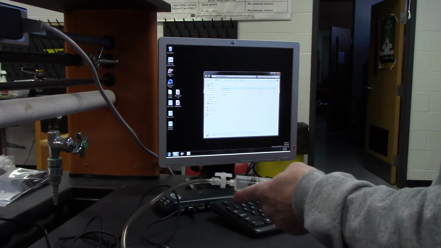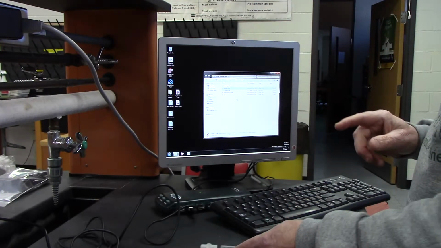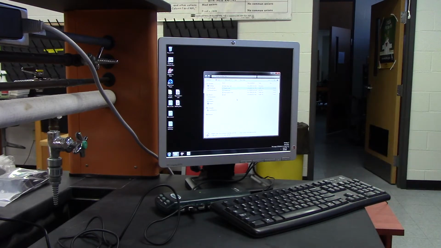Okay, so the next thing I've got to do is set up the program that's going to measure the data, and that's what we have here on our screen. So let's get a closer view of that.